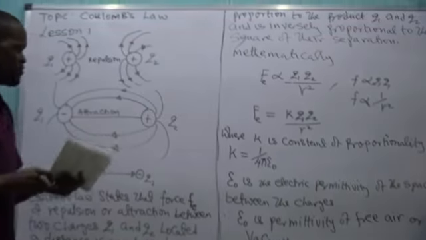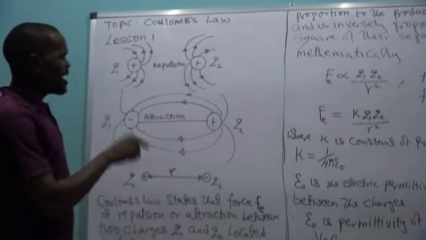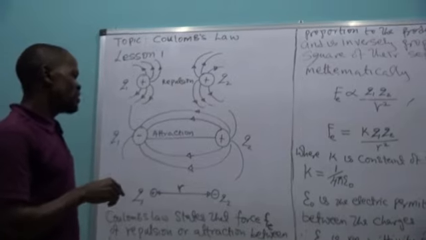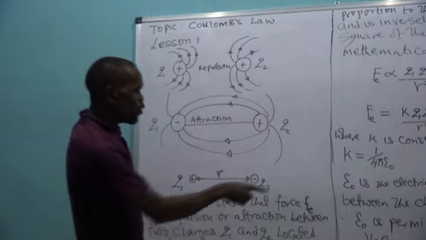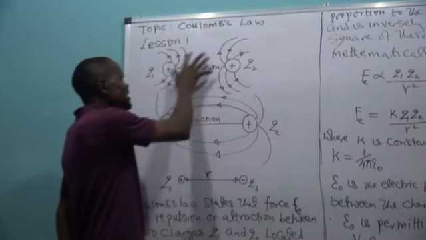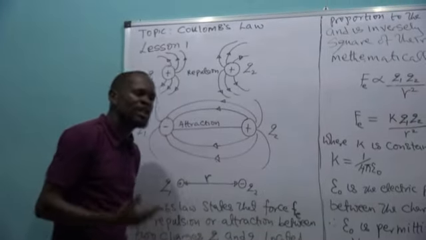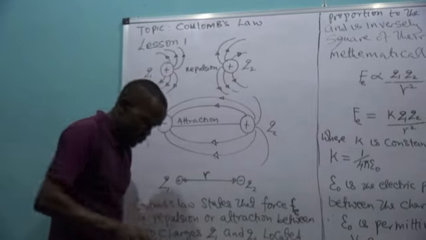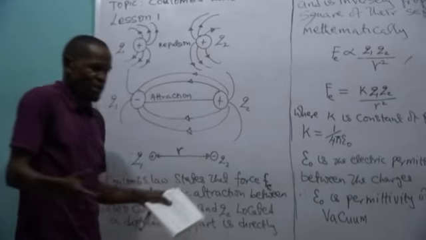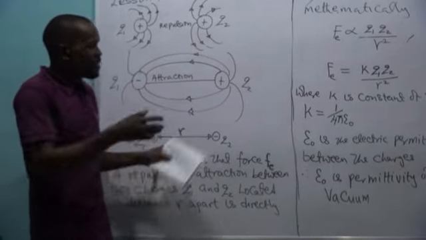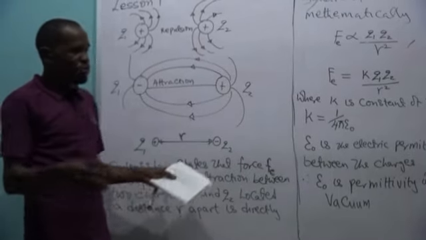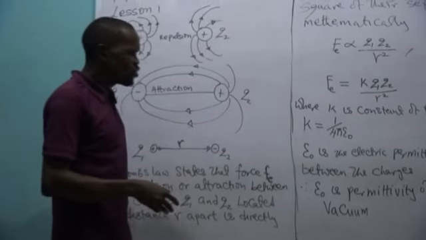So this is the electric permittivity of free air or vacuum. I use it when the experiment is done in free air. And the permittivity of it is epsilon O.